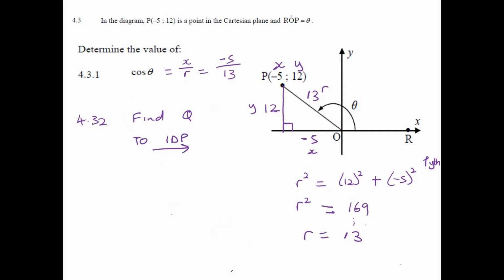When they say 1 decimal place, it means you have to use the calculator. So you know cos theta is equal to minus 5 over 13. You're going to use your shift cos, but don't use the minus. You use shift cos 5 over 13. What angle do we get?